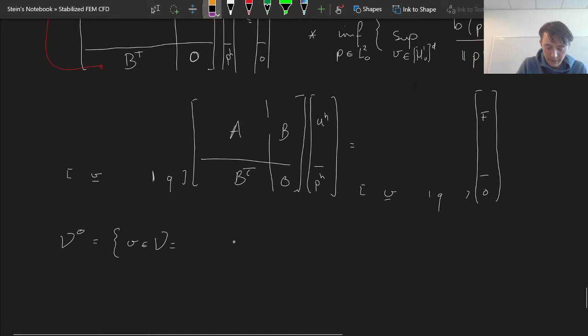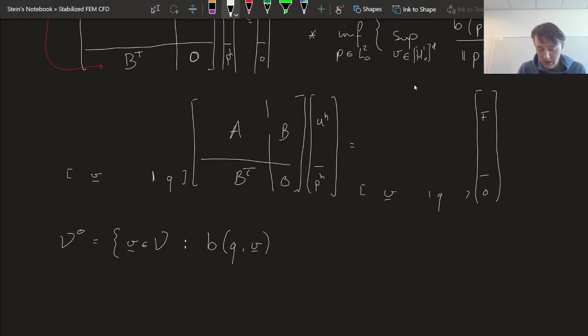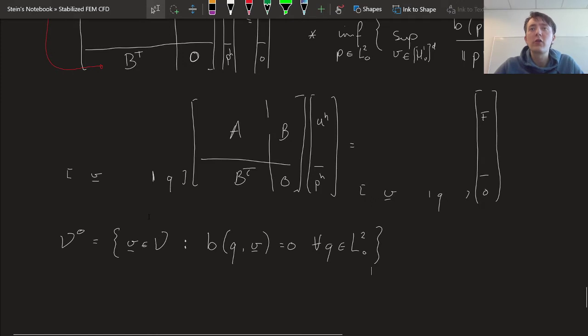Under the condition that for all these functions, the only functions that we pick are those that satisfy b(q, v) equal to 0 for all q in L2,0. So this is just a function space with functions from the original space, but only the ones that satisfy this condition.